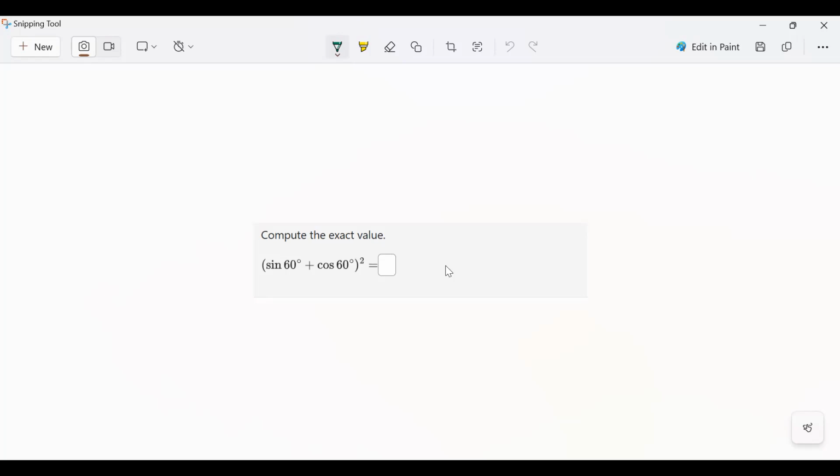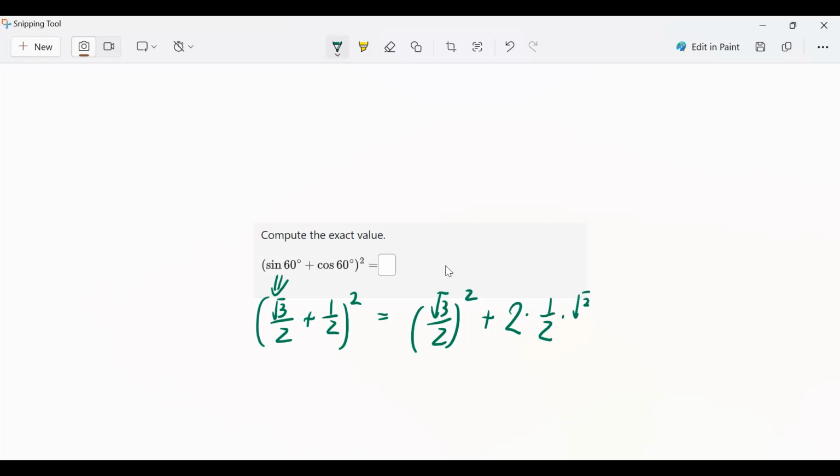All right, so you should basically get sine 60 degrees, which is radical 3 over 2. Cosine 60 is a half. Square that. This is a perfect square, so we get radical 3 over 2 squared plus 2 times a half times radical 3 over 2, plus a half squared.